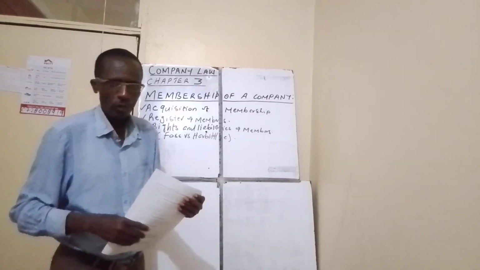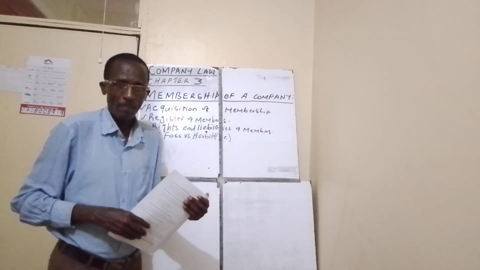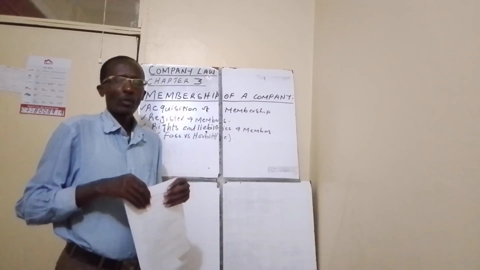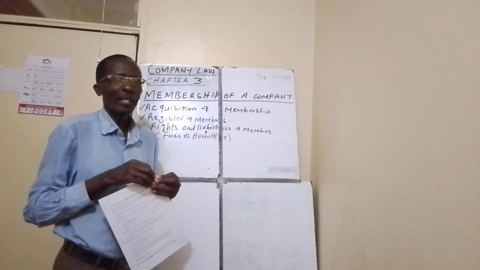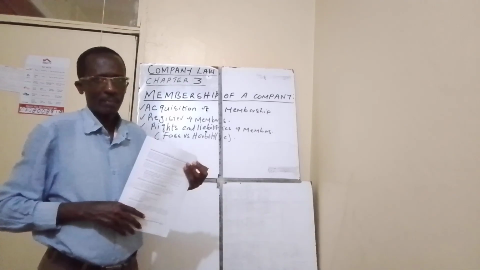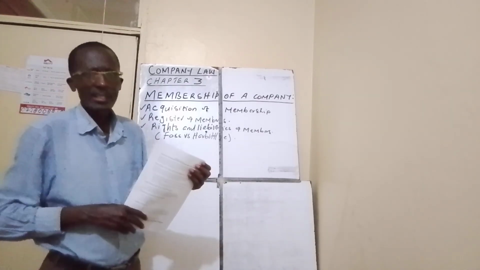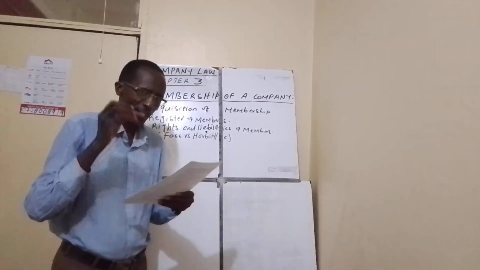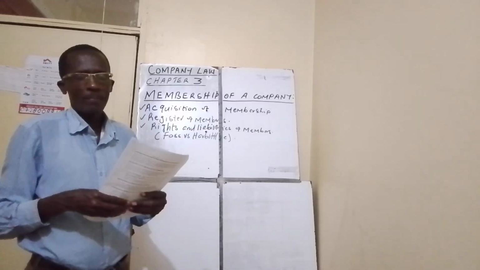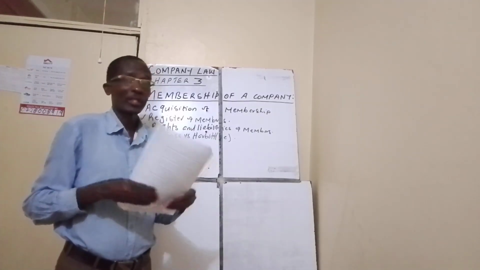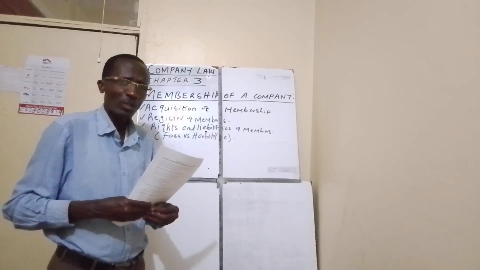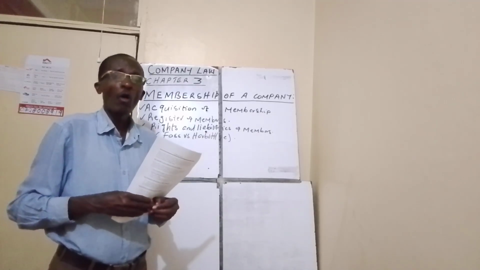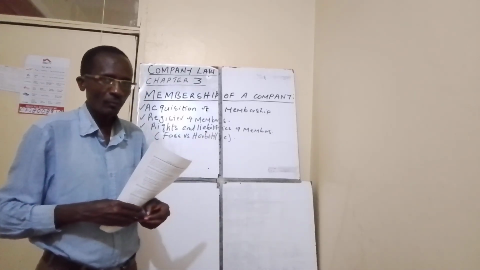The majority will vote, the minority will vote. However, what if we are changing the object clause and the minority are not comfortable with that arrangement? Now, this is how we will protect the minority interests in the circumstances in which we are changing the object clause.